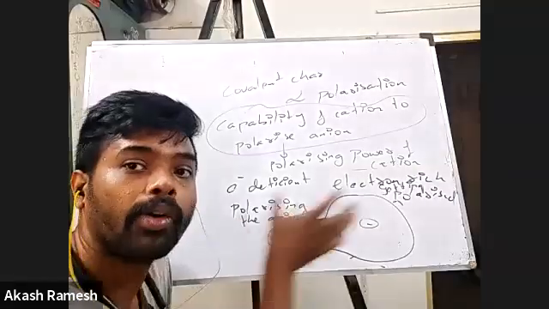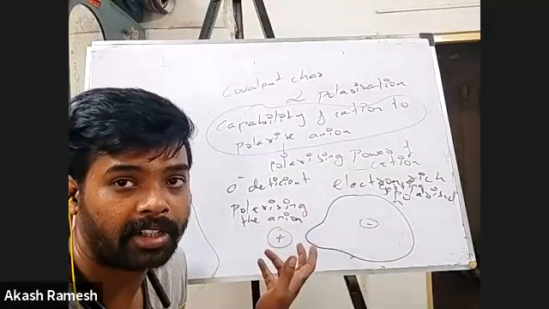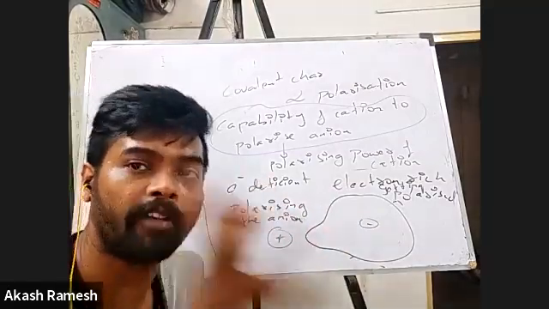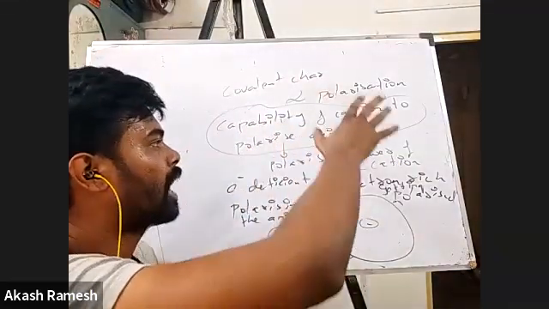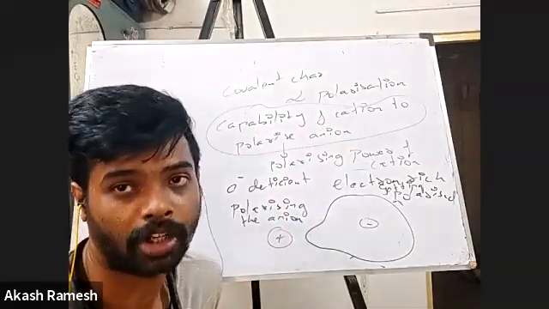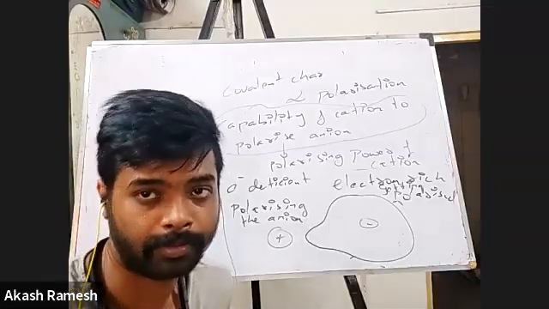So for the cation, I'll speak in terms of polarizing power. What is polarizing power? It is very simple. It is the capability of the cation to polarize the anion. It is how much ability it has to cause the distortion, right? That is what is called polarizing power, isn't it?